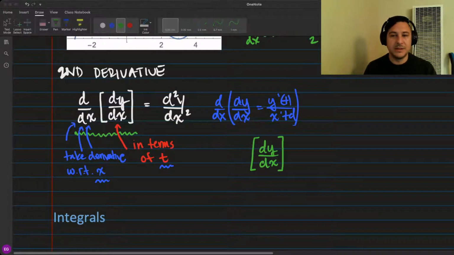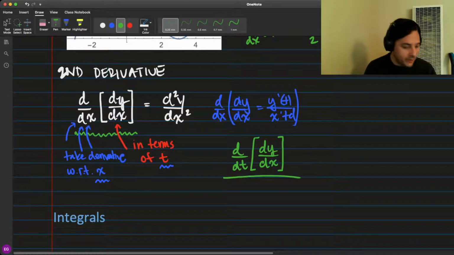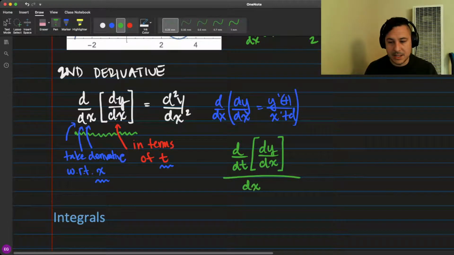What's it in terms of? Yeah, cool. So you take d dt, and that's going to be one part of a fraction. And on the bottom, you're going to have dx dt, also known as x prime t.